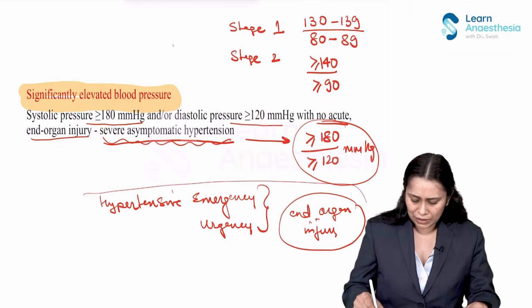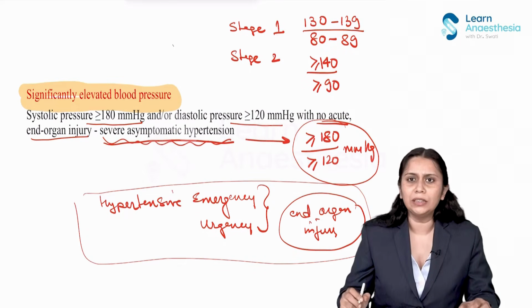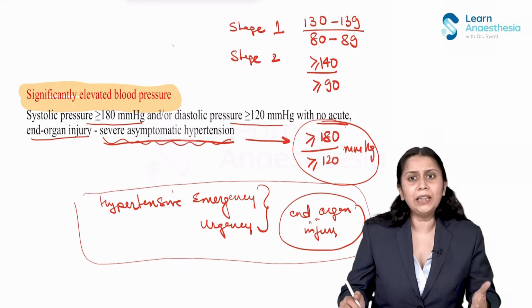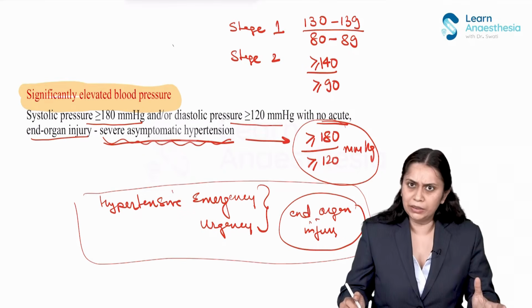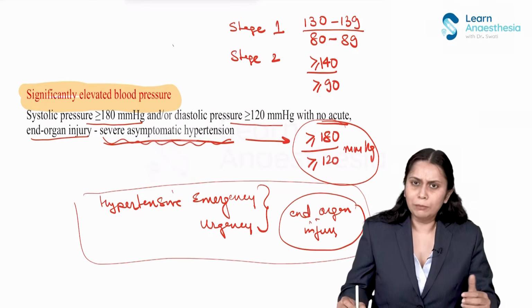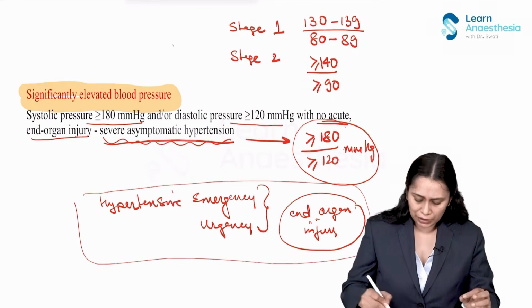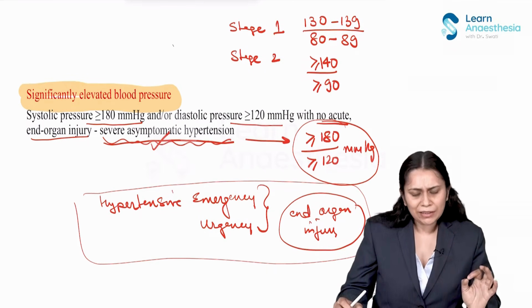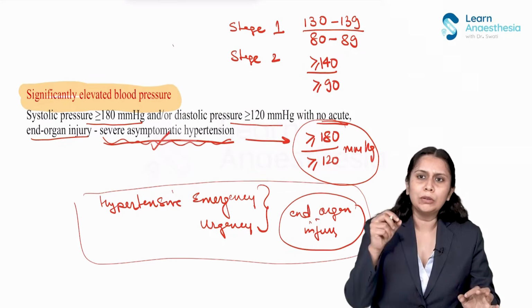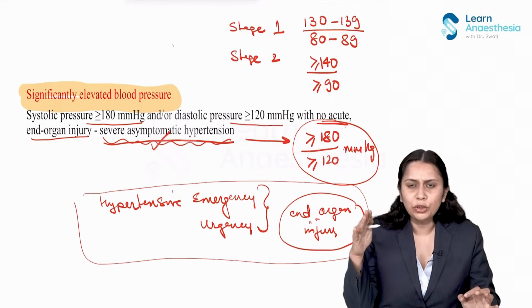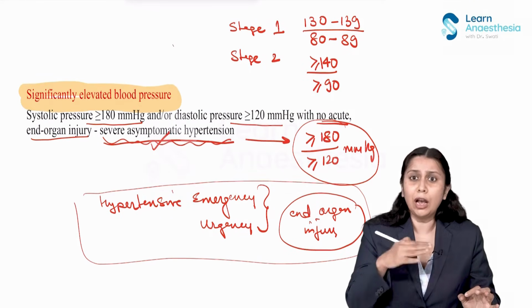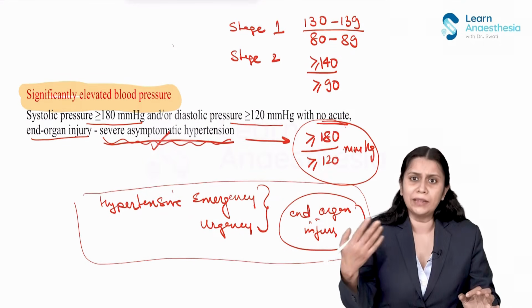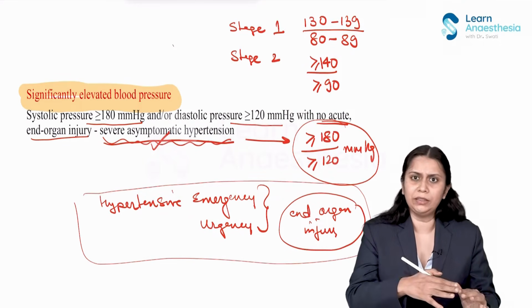If it's a hypertensive emergency or urgency, definitely we need to give medications for an acute decrease in blood pressure to minimize the end organ injury. But if it is severe asymptomatic hypertension, then it is more advised to give medications which would gradually decrease the blood pressure. Chronic management is what is advised rather than an acute decrease in blood pressure.